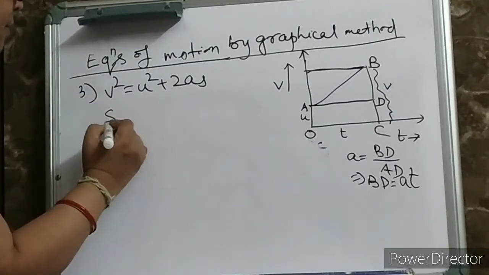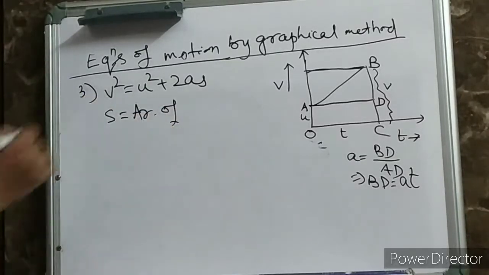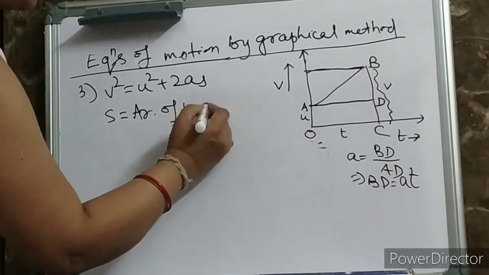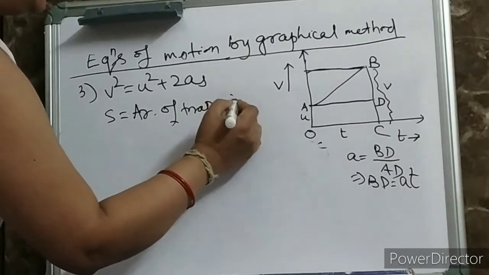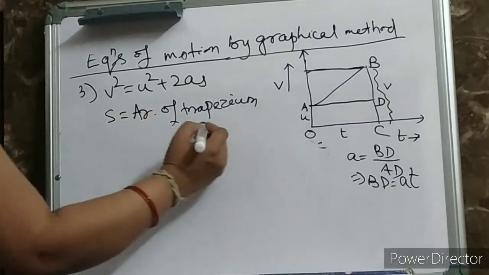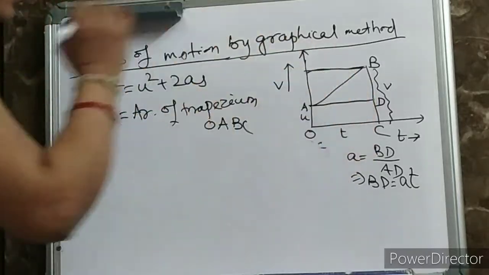So S is equal to the area of the trapezium OABC.